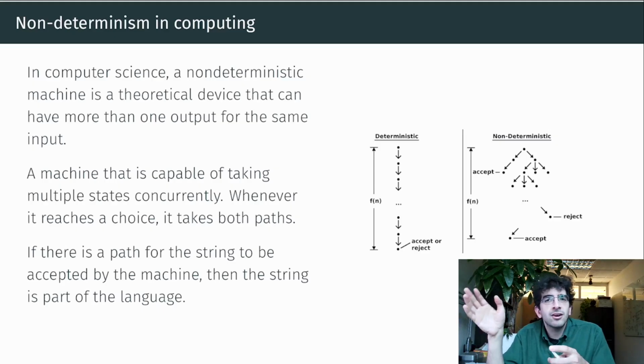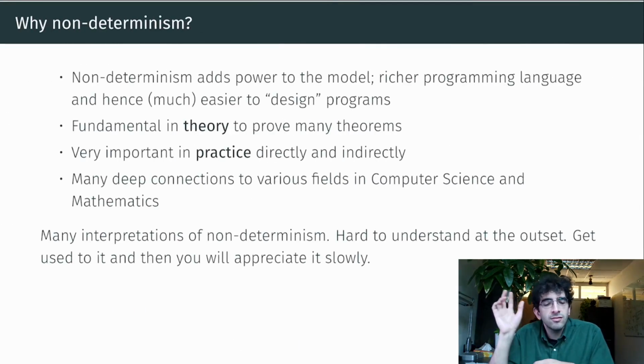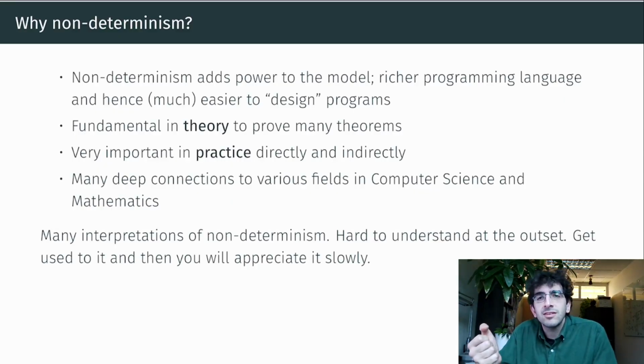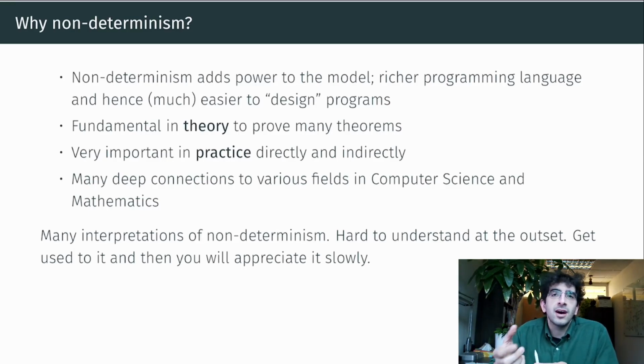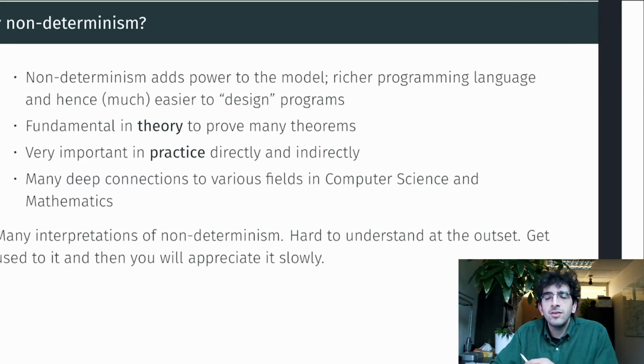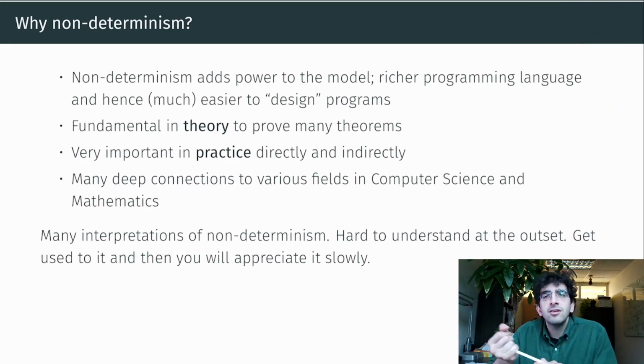All of these things are possible interpretations. Again, there's no real explanation I can give you for why non-determinism works. At least there's no deterministic explanation I can give you. But this is the fundamental idea behind non-determinism. And it is a very cool idea because it allows us to see what parts of machines are crucial for power and what parts of machines aren't crucial for power.